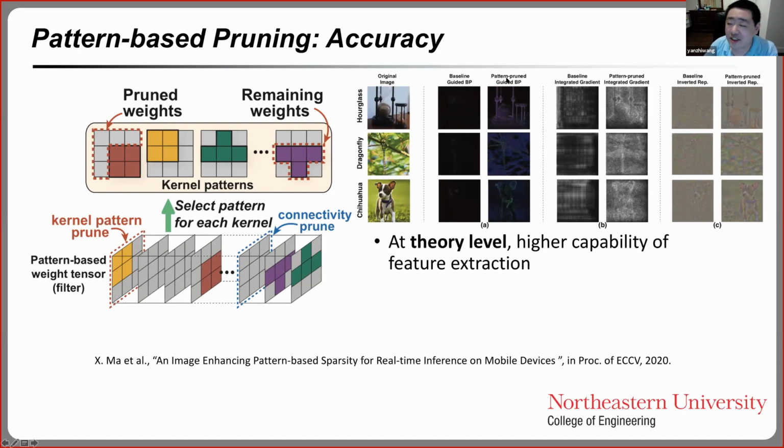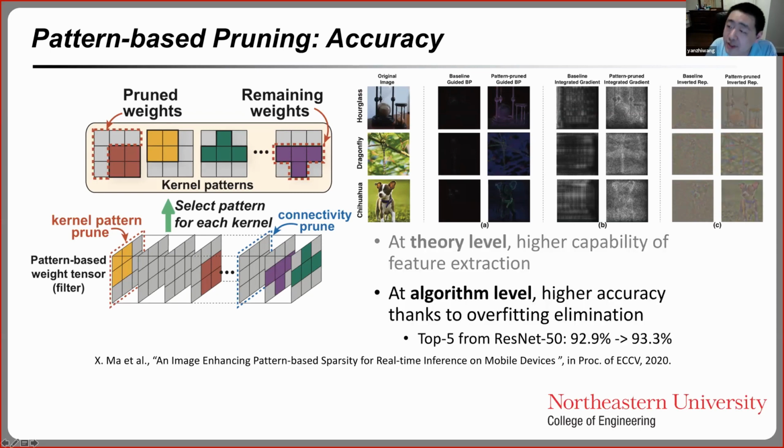Actually, we have used some standard testing, without pattern pruning on the original network and with pattern pruning, using 3 metrics. And consistently, it all shows that the pattern-based pruning got better feature extraction results, as we can see in these figures.